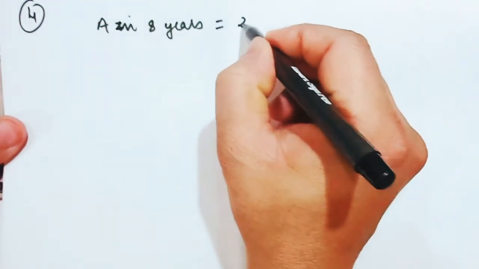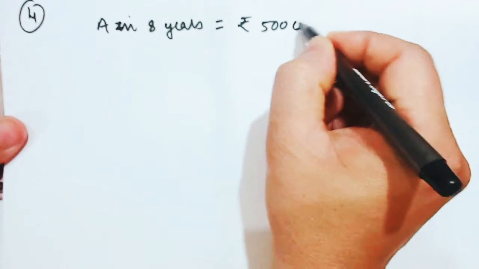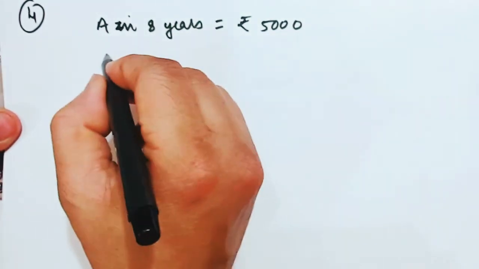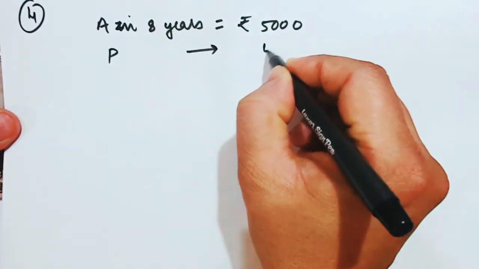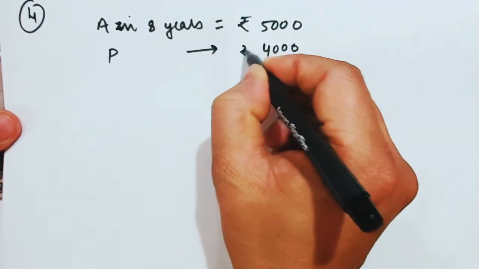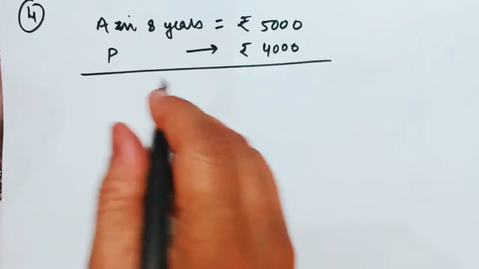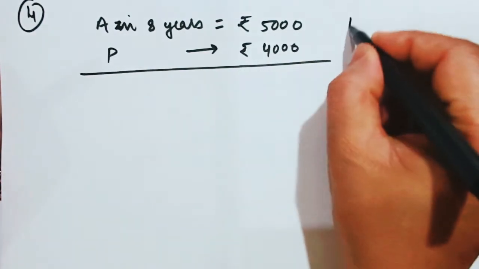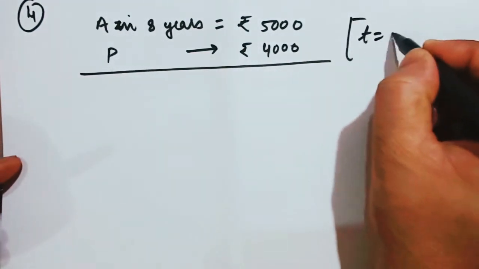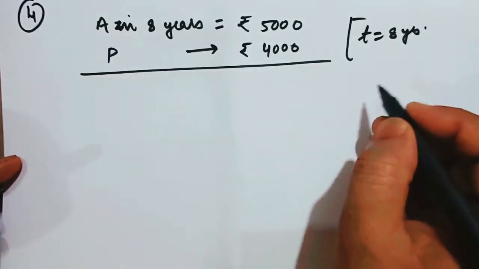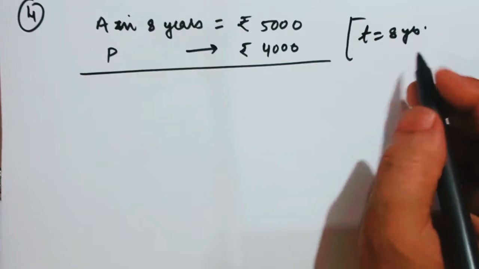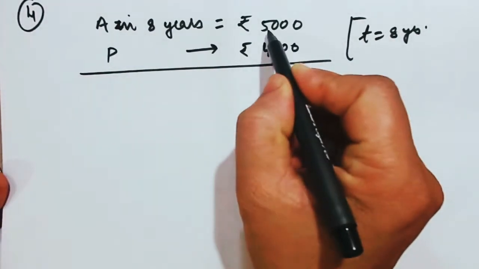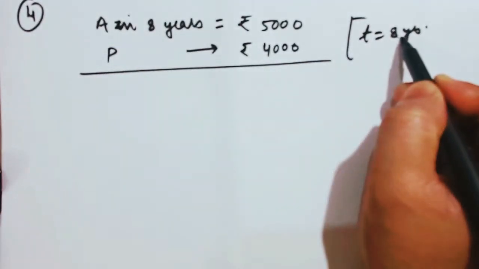Rupees 5,000. Very good. The principal was rupees 4,000. No problem, no issue. So they have already given you time is equal to 8 years. Rupees 4,000 amounts to rupees 5,000 in 8 years.